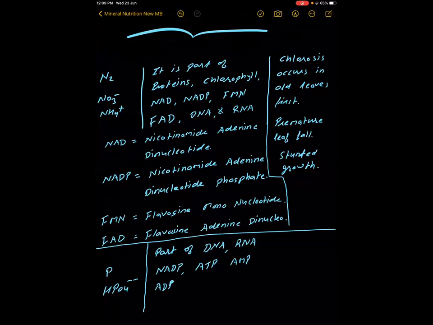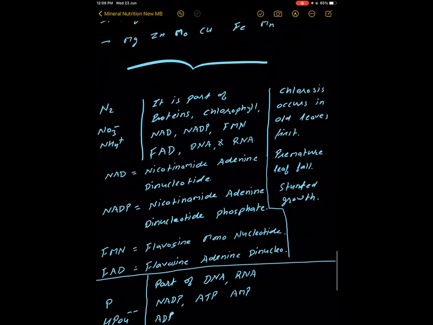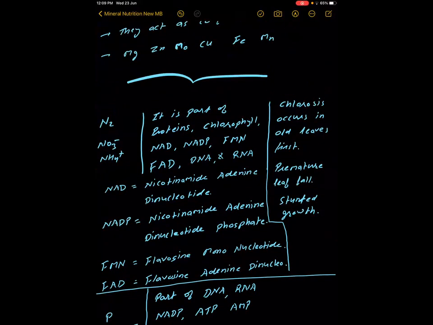Sir, what is the third column about? RNA, NADP, ATP, and AMP. No, sir, chlorosis. Chlorosis occurs in old leaves first. Chlorosis means destruction of chlorophyll. If nitrogen is not available, chlorophyll is destroyed.